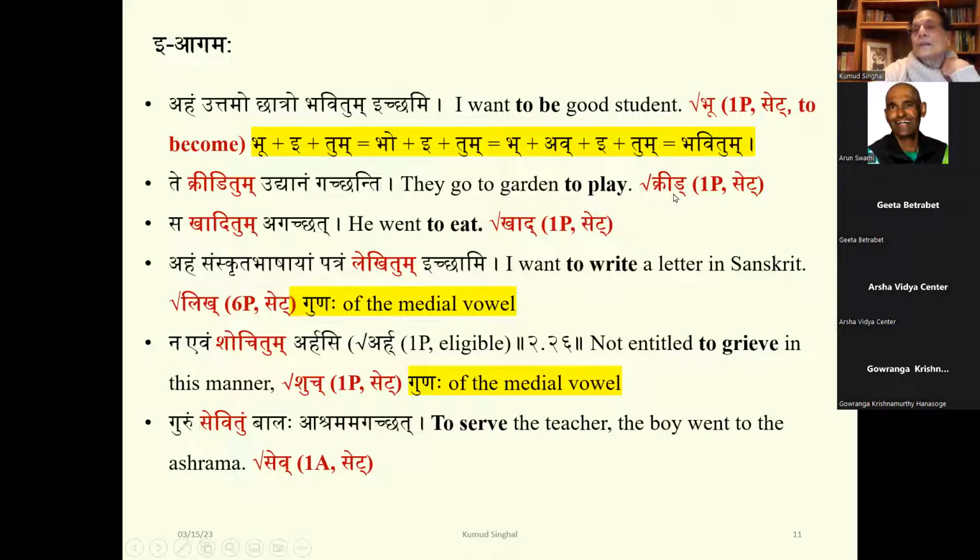Like those rules, only the ending and the short medial vowel will take the guna. If it is long, it will not take a guna. So that's why it is creditum. But here in lik, it will take the guna because it's short. So that's why you have lekhitum. And in shuch, you have a short vowel. That's why you have shochitum.